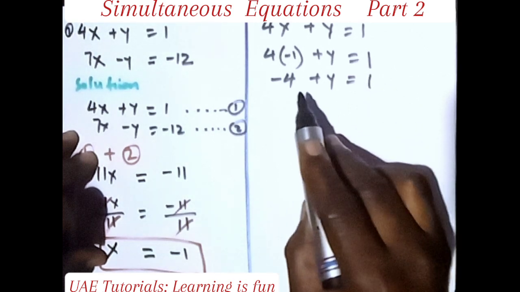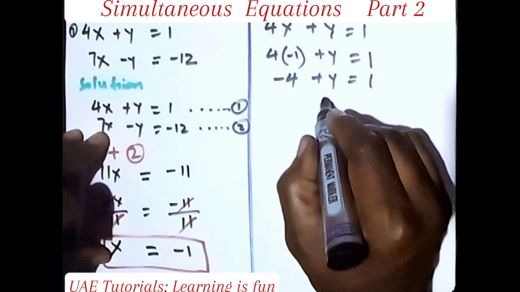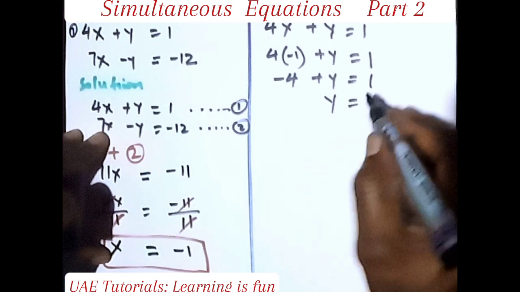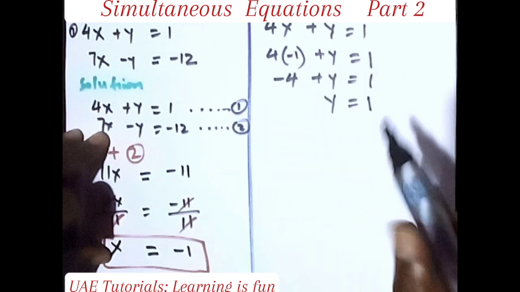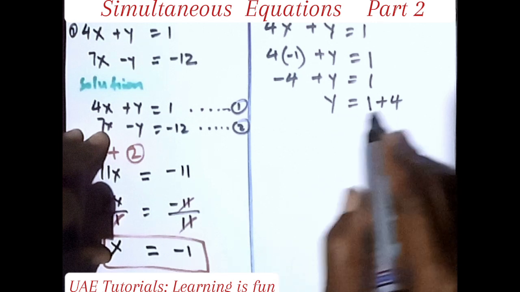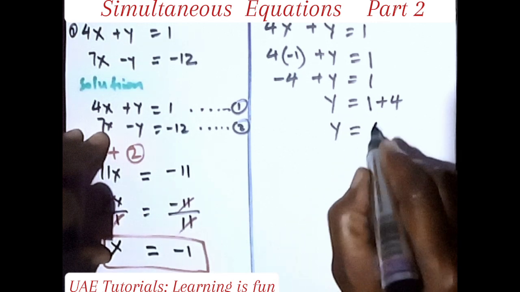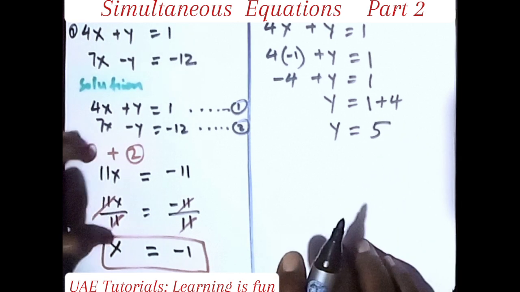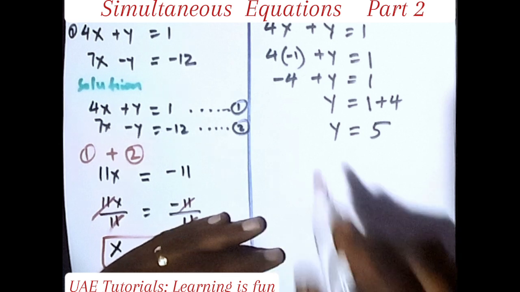At this junction, I want to move minus 4 to the other side. So I will now have that y equals 1, and when I move minus 4 to the other side, it becomes plus 4. So y equals 1 plus 4, and that gives us y equals 5. We have got our value for y.